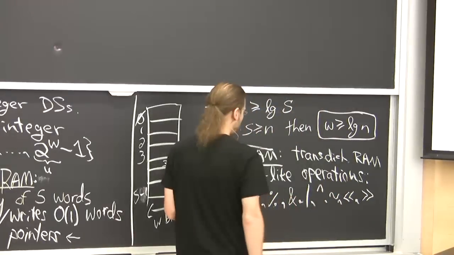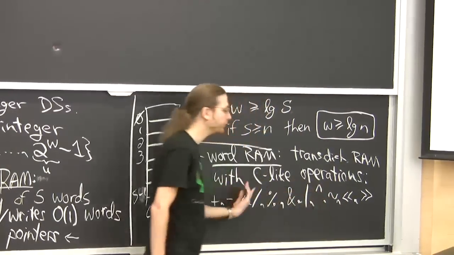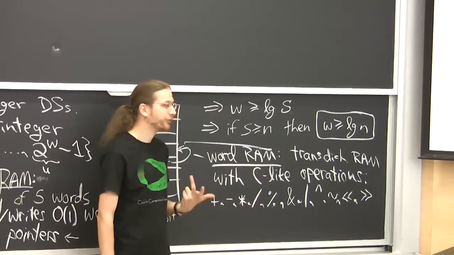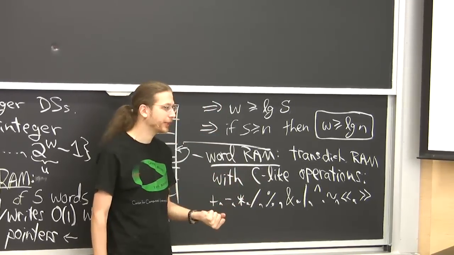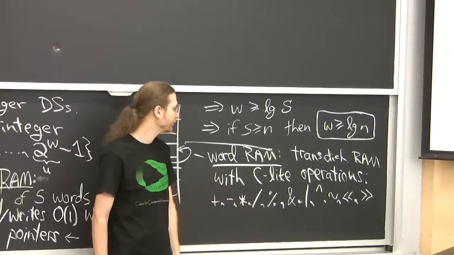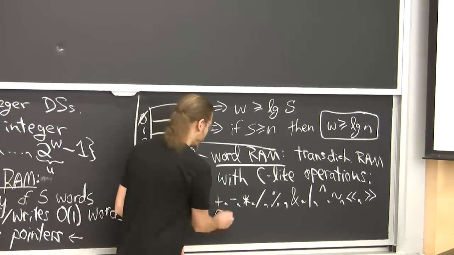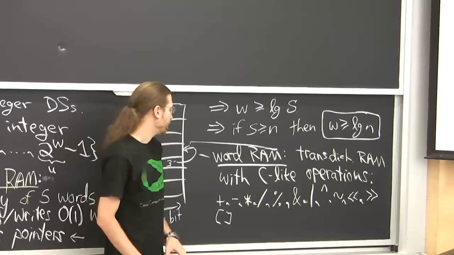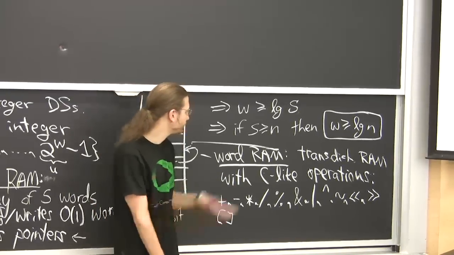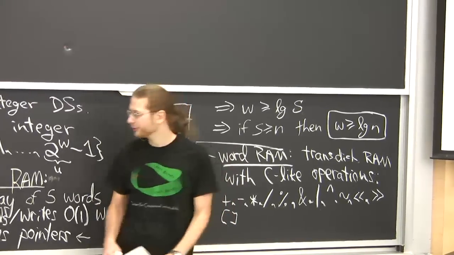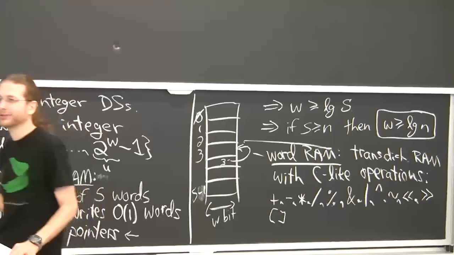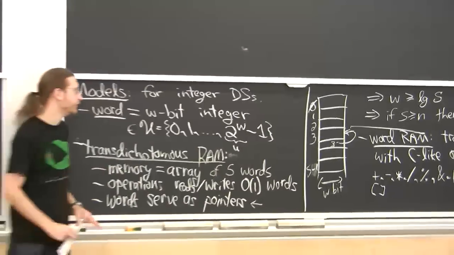They take one or two integer inputs, words as inputs. They compute an answer and write out another word. Of course, there's also random access, array dereference, which you can do. So that's the word RAM: you restrict to these operations. Whereas in the transdichotomous RAM, you can do weird things as long as they only involve a constant number of words.